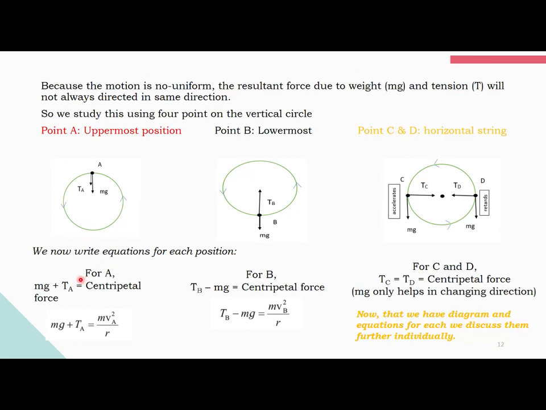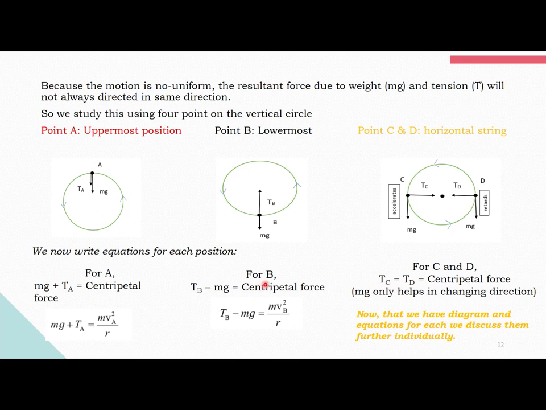Therefore, for A, it is mg plus Ta is equal to centripetal force. We know the formula of centripetal force. After putting this formula, we get mg plus Ta is equal to m va square upon r.